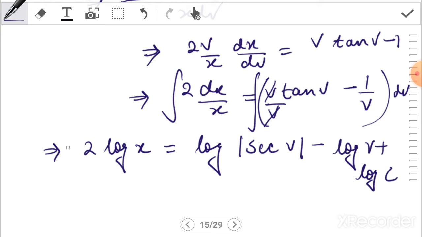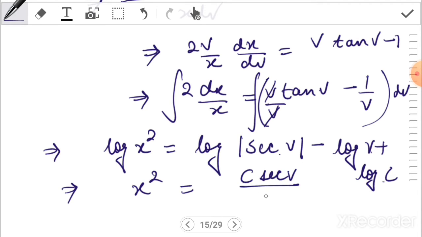So this is log of x square, taking 2 on the power. So that means x square is equal to secant v times c by v. So c times secant v, let us write log c times secant v by v. So taking anti-log on both sides.